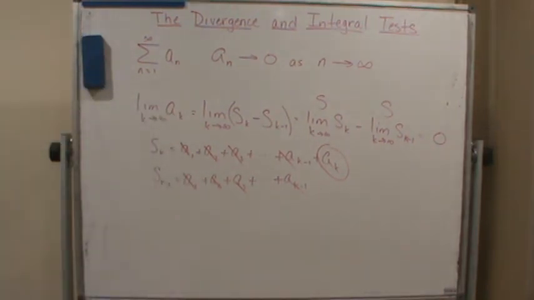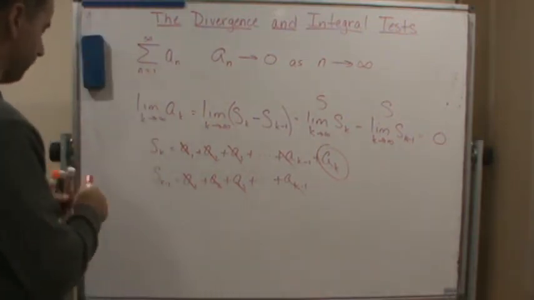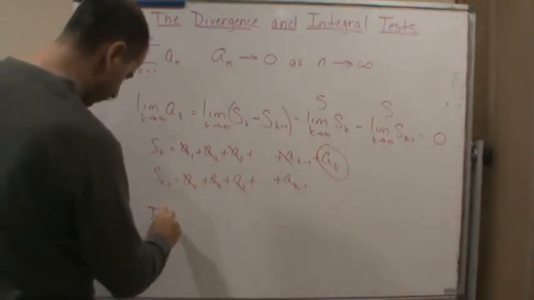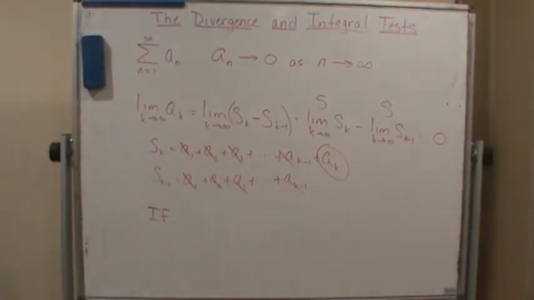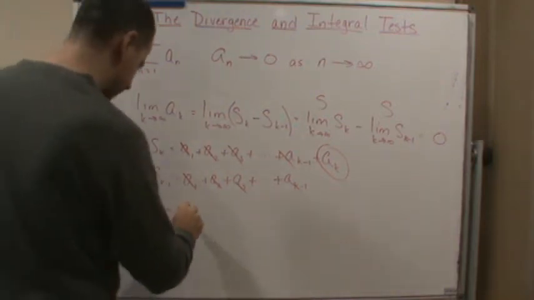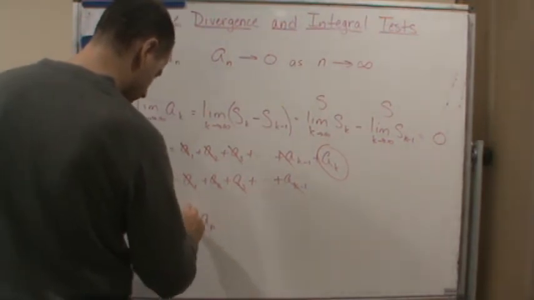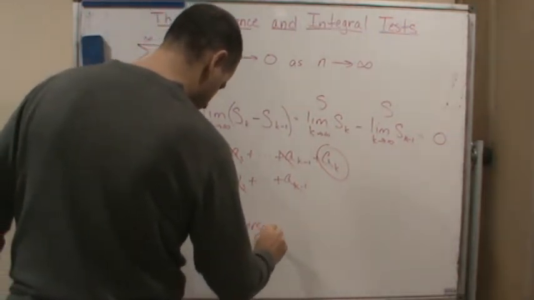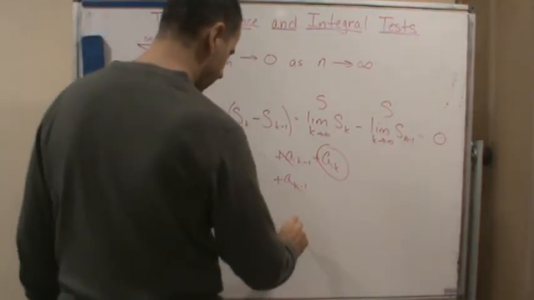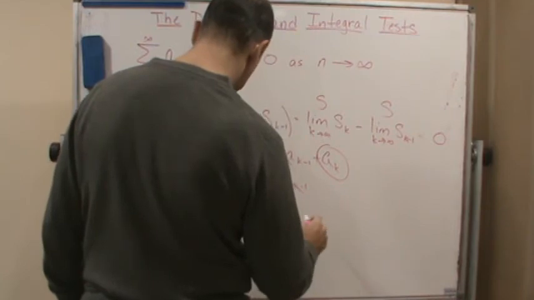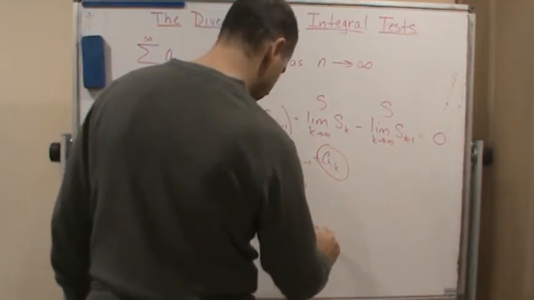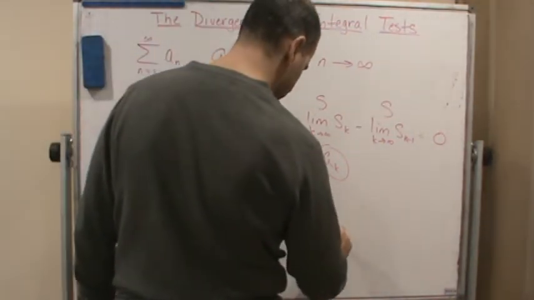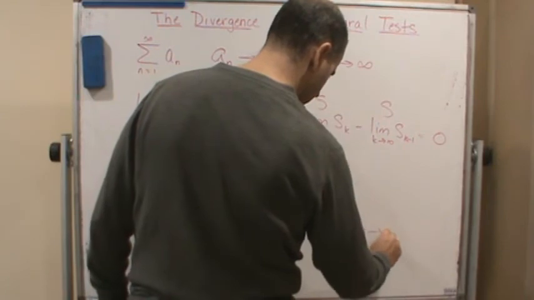Well, what that says is, if the series converges, then a sub n approaches 0, so the limit of the nth term is 0 as n approaches infinity.